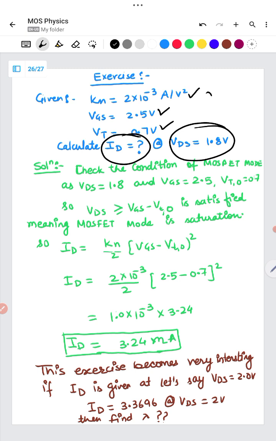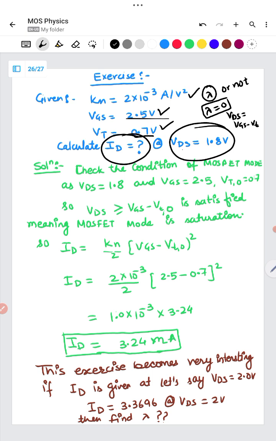Now, whether we need to take the lambda or not in this particular question, the answer is no. Lambda would be 0 in this case. Why? Because we are taking the value of ID exactly at VDS equal to VGS minus VT. VGS is given as 2.5, VT is given as 0.7, so what would be the VDS?